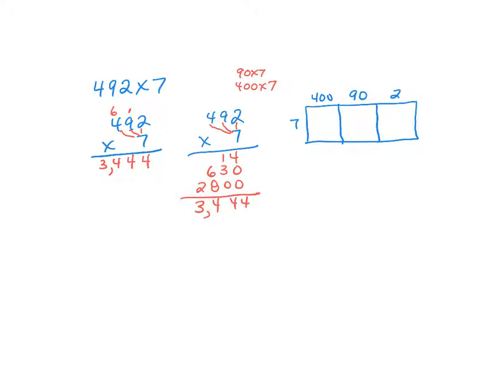And now I can just multiply those numbers. 400 times 7 is that 2,800. Notice it's exactly what I have in this second method. 90 times 7 is 630, which I have right here in that second part. 2 times 7 gives me 14, which is the first thing I had, and then I would add all 3 of those numbers up again, and once again I would get 3,444.